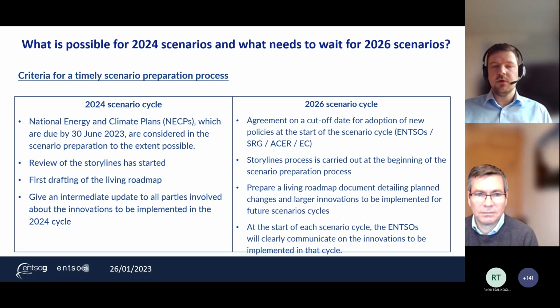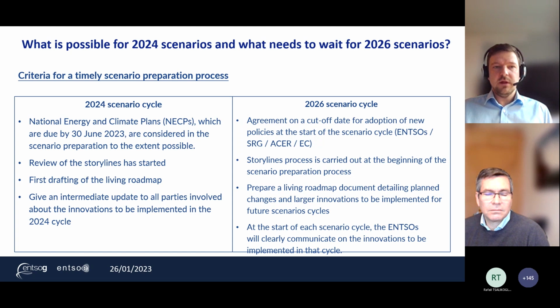As Alan pointed out, we are in the middle of the 2024 scenario cycle, which means that things stated in the framework guidelines that should happen before the start of the scenario cycle are now a bit difficult to do. However, we do our best to still accommodate and incorporate these elements, maybe in a slightly different way, but we try our best to factor that in.